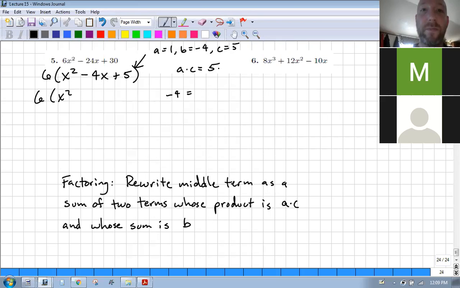The only numbers that multiply to give us 5 would be 5 and 1, right?